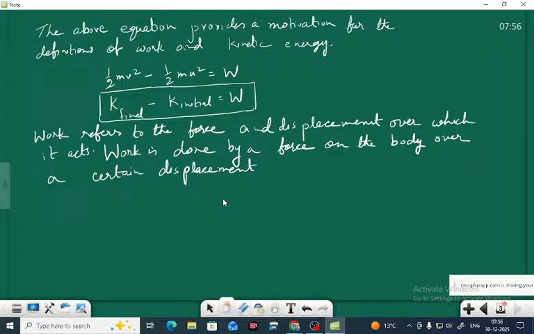So what we get, the change in kinetic energy of a particle is equal to the work done on it by the net force.